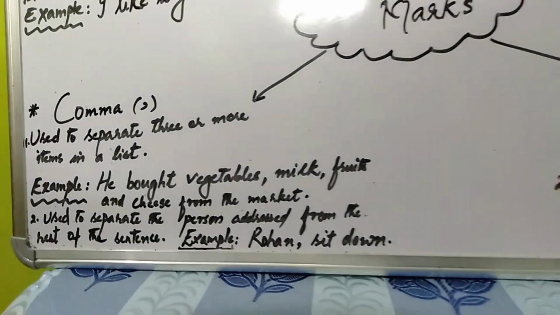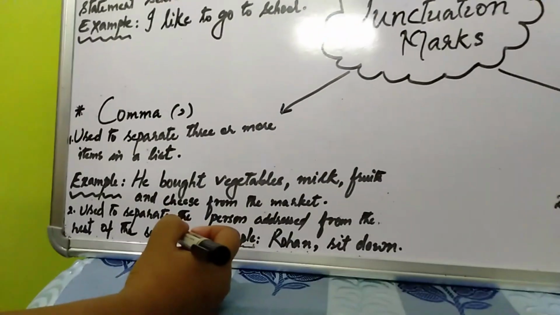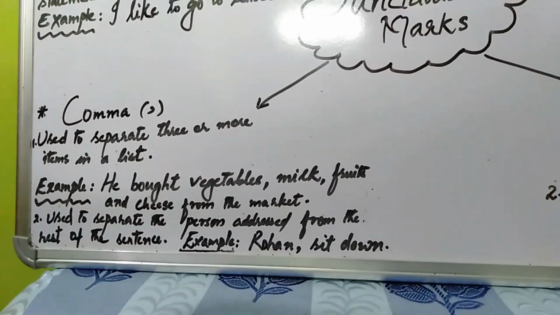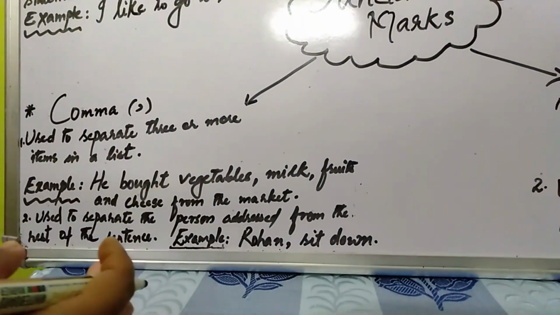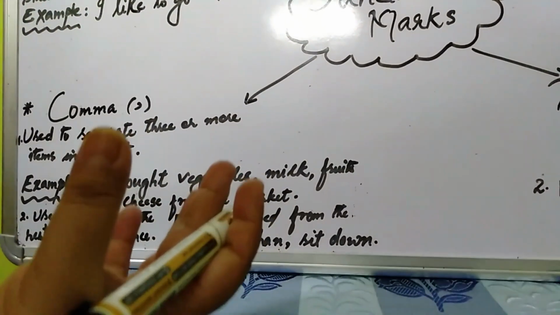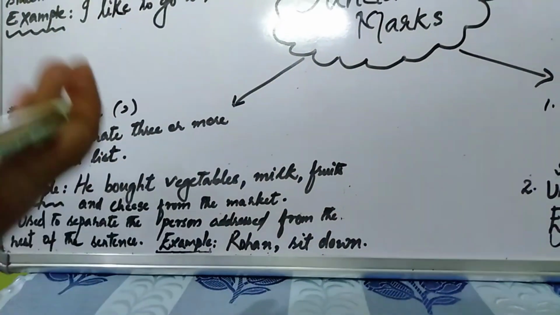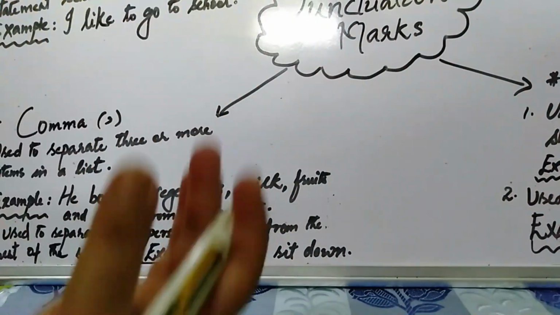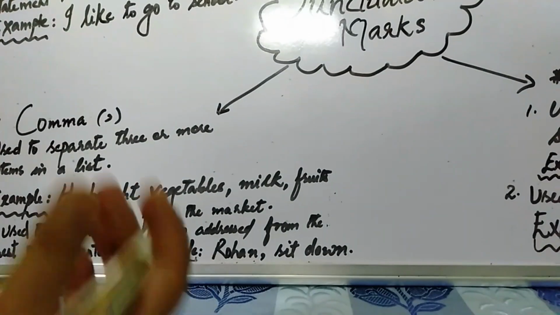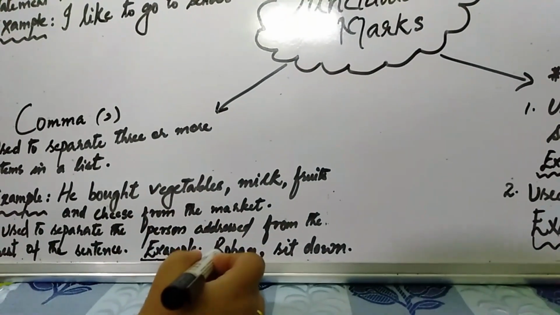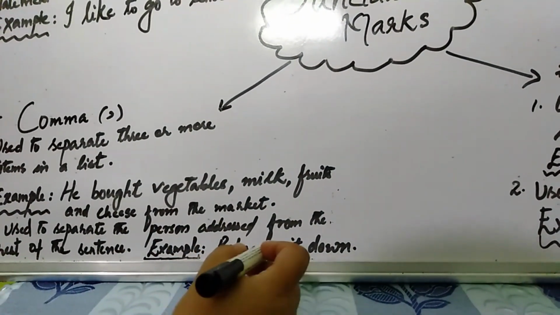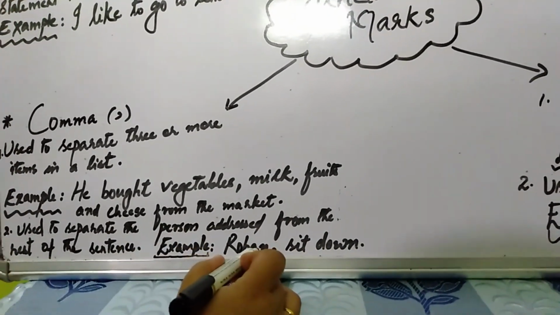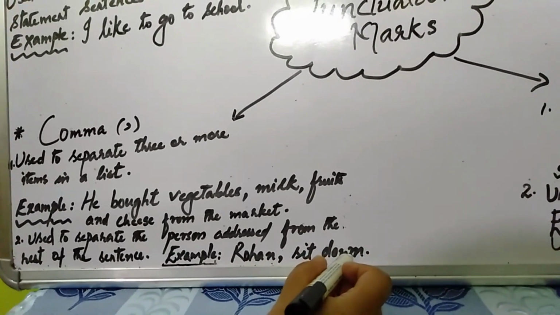Another is, it is also used to separate the person addressed from the rest of the sentence. For example, somebody is being called or is being ordered something, or being asked to do something. That time also we use a comma to separate the subject from the rest of the sentence. For example, I have given here, Rohan, sit down.